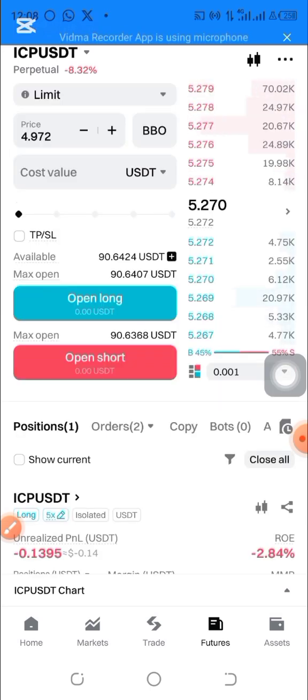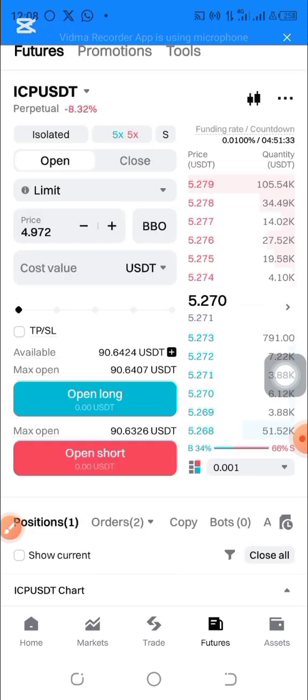I only plan to dollar cost average in case the market goes against my predicted direction. That is why I split my $15 into 3 different places. But if the market goes towards my preferred direction, I don't have to spend the next $5 and the third $5 again. So that is what dollar cost averaging is all about.